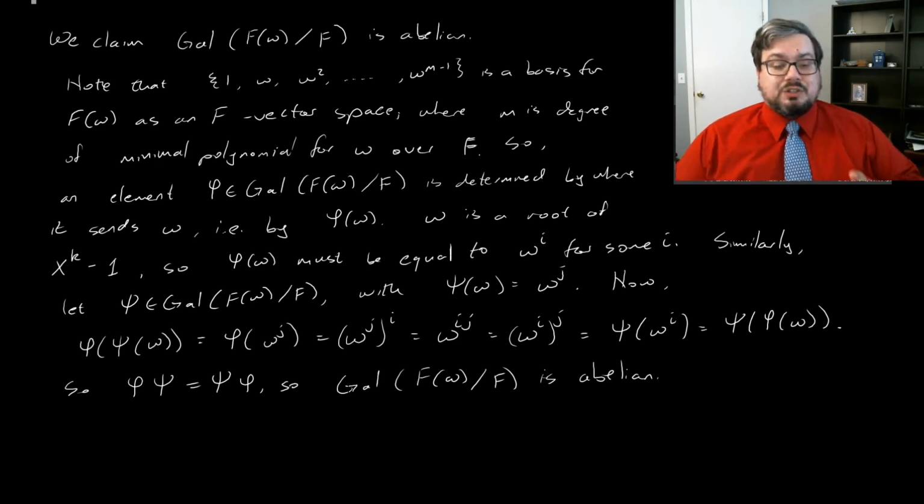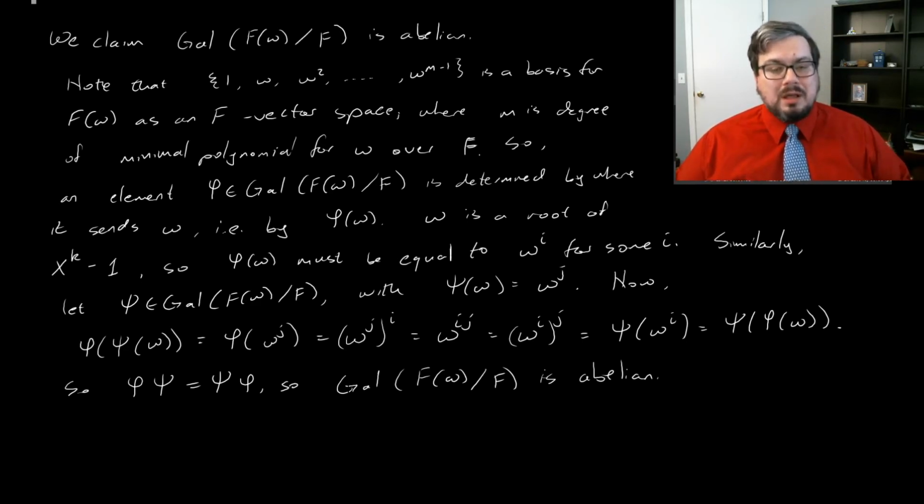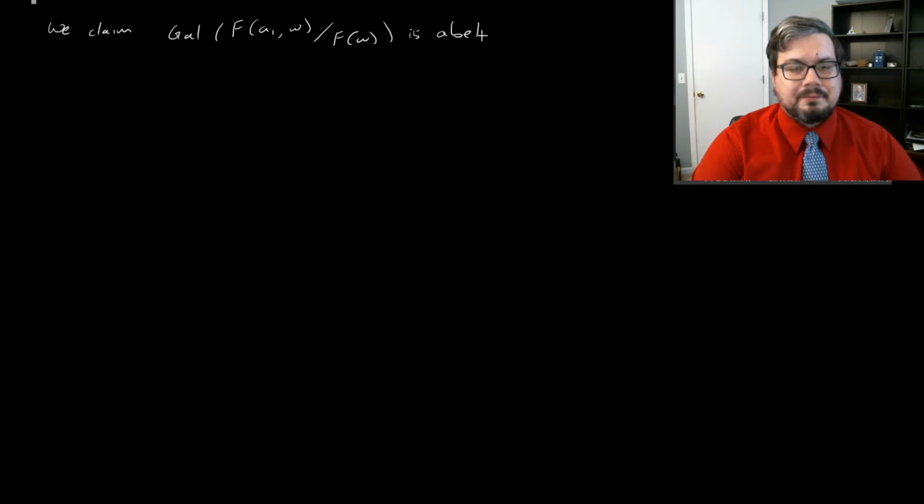So now we're going to show that another Galois group is abelian. We're going to show that the Galois group of F(a1, omega) over F(omega) is abelian. So now we claim that the Galois group of F(a1, omega) over F(omega) is abelian.